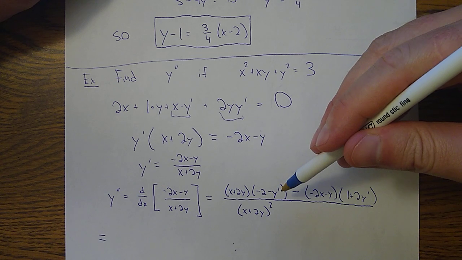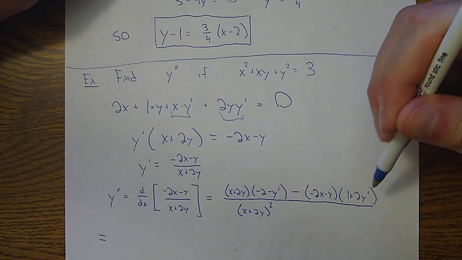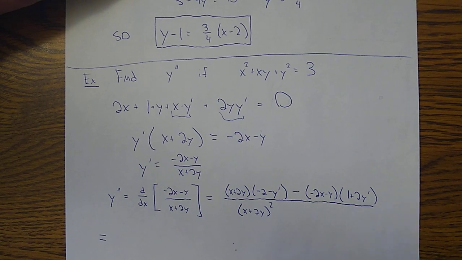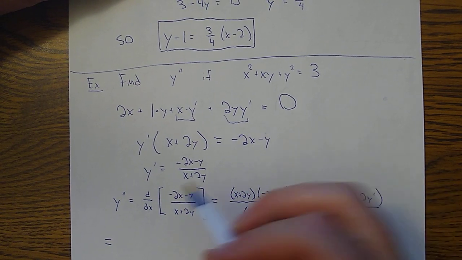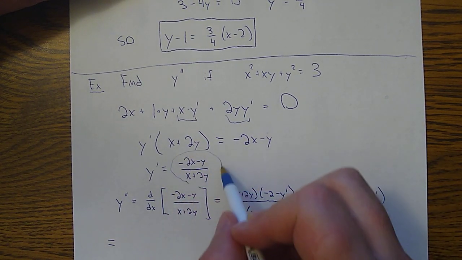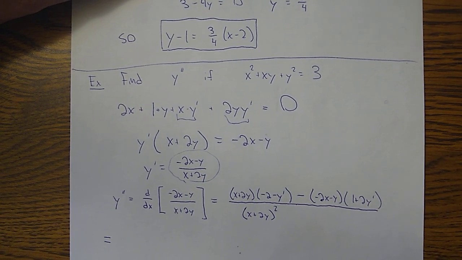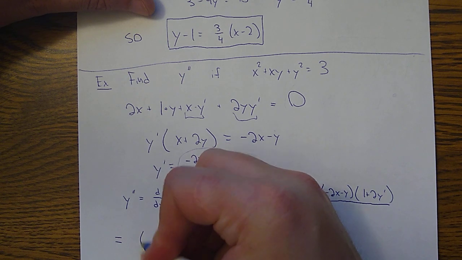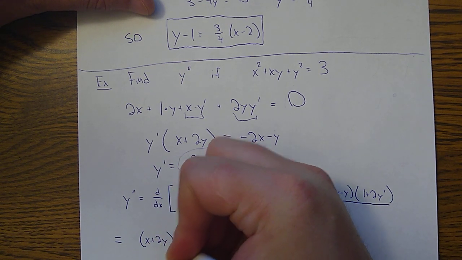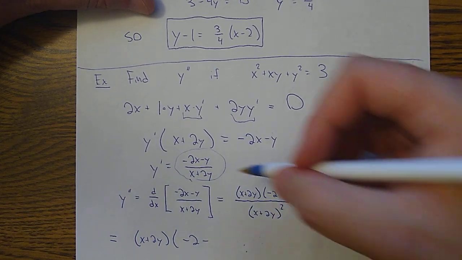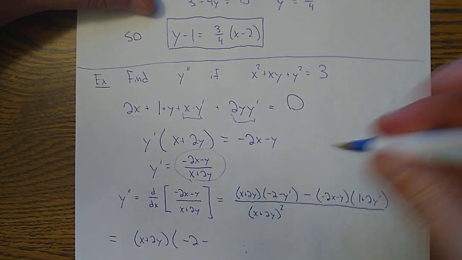And what I would like to do is I would like to write my answer without any y primes in it. So what I'm going to do is I'm going to take these y primes and replace them with the answer that I got for y prime. So this is x plus 2y times negative 2 minus this.